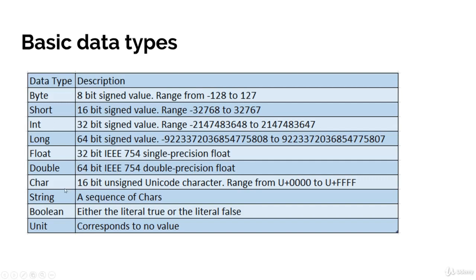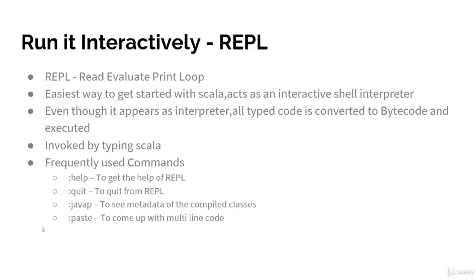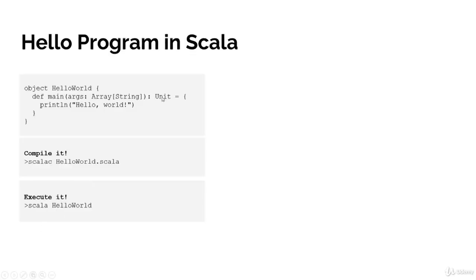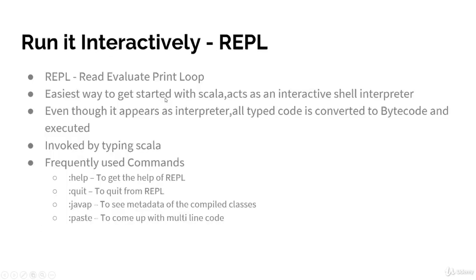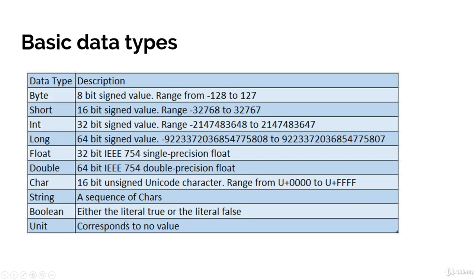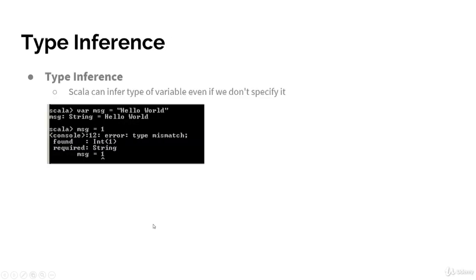The only thing I would like to talk about is this Unit, which is like void in Java, right? In our previous example, we talked about this. So this is nothing but a data type which is like void, corresponding to no value. And the interesting thing about Scala is that the type is inferred automatically, right?